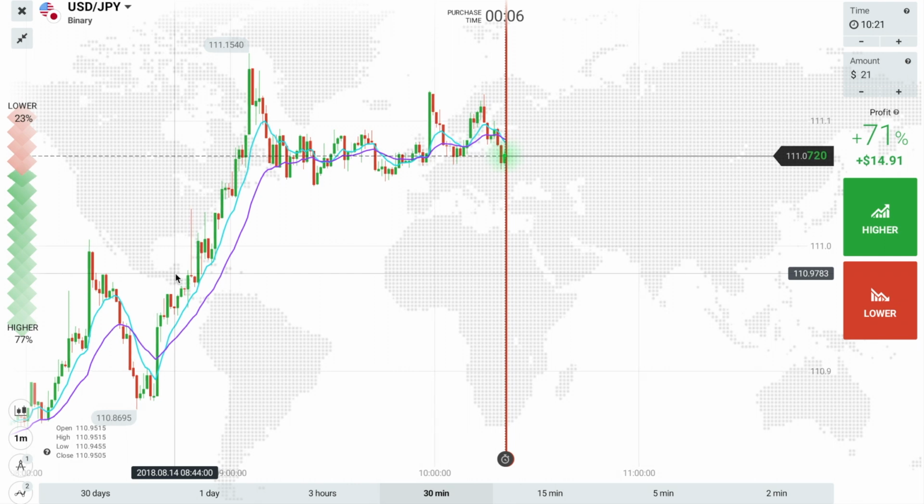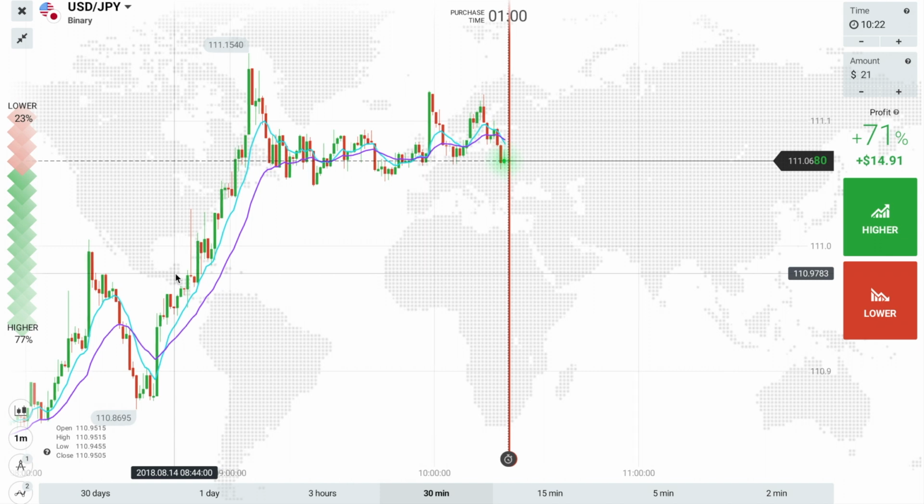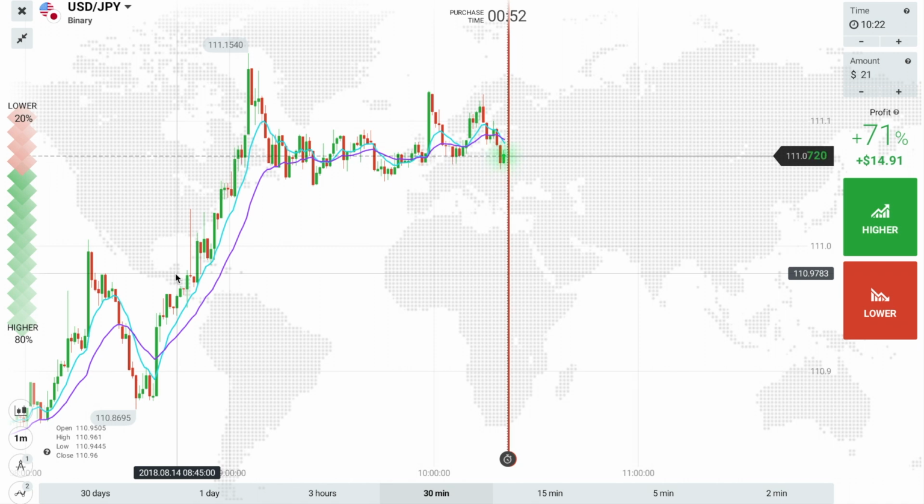But the more money that you have in that account, what you've got to remember is it's going to take you a very long time to equal that amount of money. So for example, if you've got $1 million in the account, it's going to take you a very long time to make that $1 million, because you're going to be using $1 trades. And like I said, you're going to lose eventually. That's just a sad reality of martingaling.